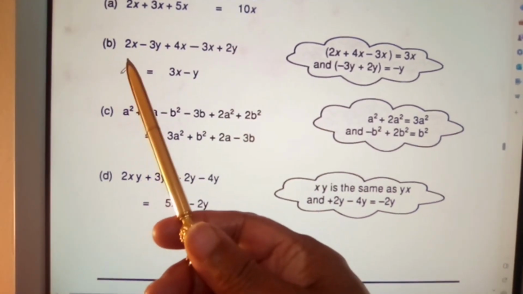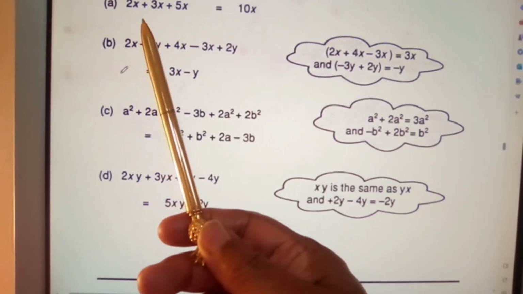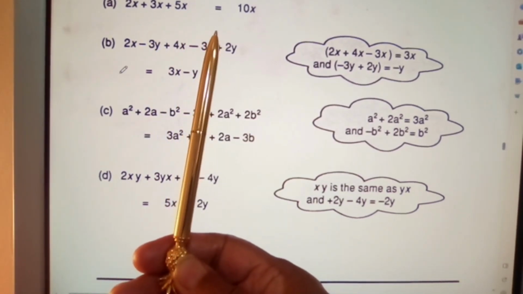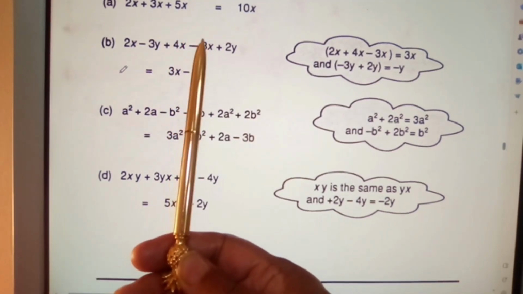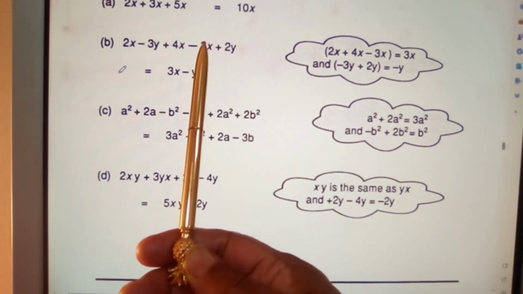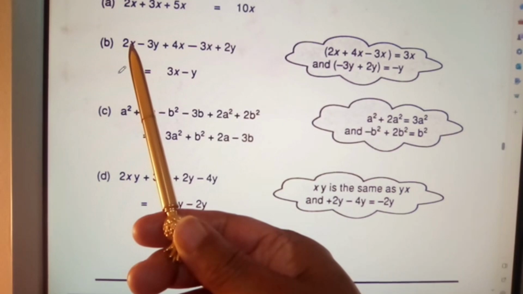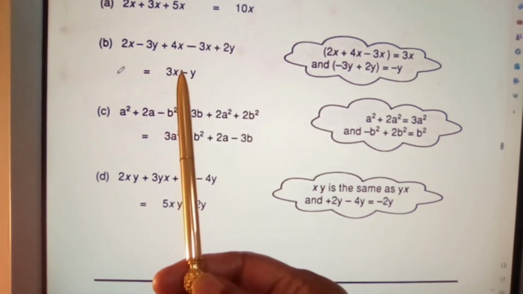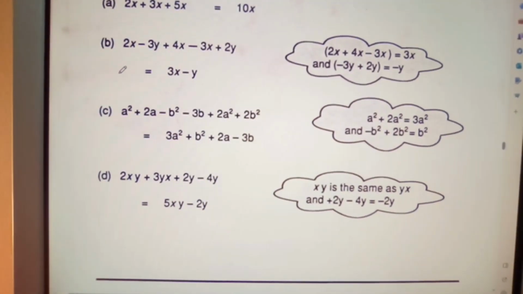2x, 4x minus 3x will leave me 1x, added to 2x, which will give me 3x. Therefore, it will be 3x minus y. And I'm happy with that in my reference.